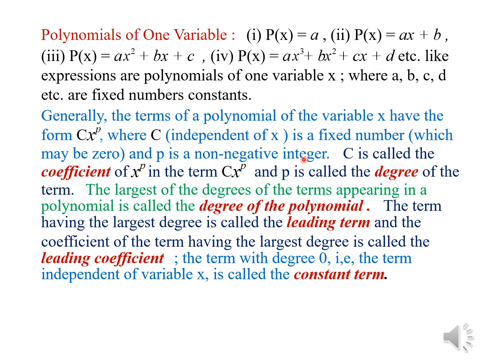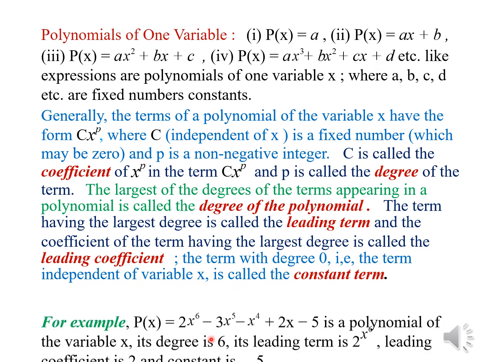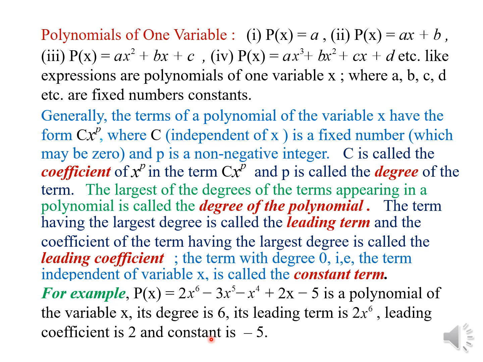So this is called the constant of this polynomial. Now for an example, you can see a polynomial p of x is equal to 2x to the power 6 minus 3x to the power 5 minus x to the power 4 plus 2x minus 5. It is a polynomial of one variable x, and now try to understand what the degree of this polynomial is.